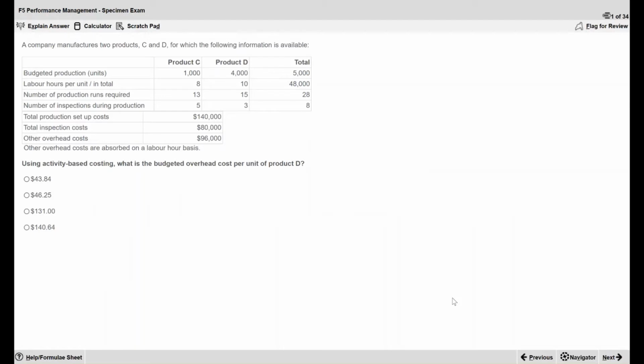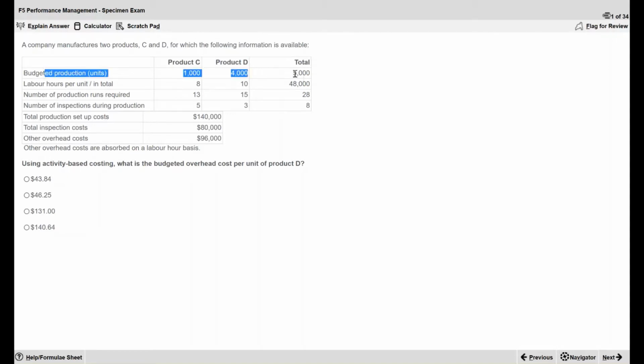Okay, first question: using activity-based costing, what is the budgeted overhead cost per unit of product D? Remember, activity-based costing is an alternative to absorption costing. A company manufactures 2 products, C and D, for which the following information is available.